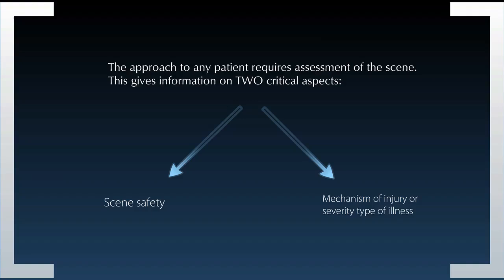It's important to realise that one of the most important differences in pre-hospital care is that you are constantly working in a different environment to which you're not used, out of the hospital, where there are these dangers, where there are these different challenges, but where the scene is important in assessing what is going on and what you need to do first.